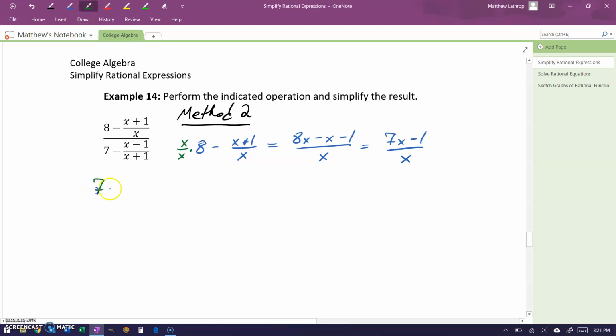In the denominator, we have 7 minus the expression x minus 1 over x plus 1.